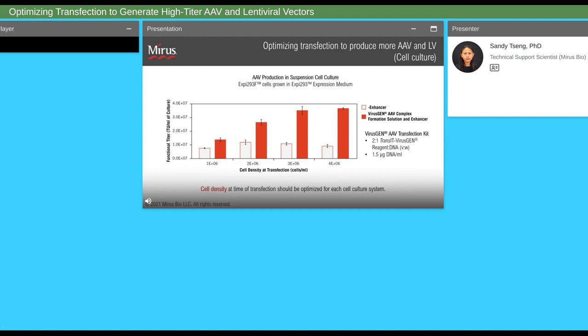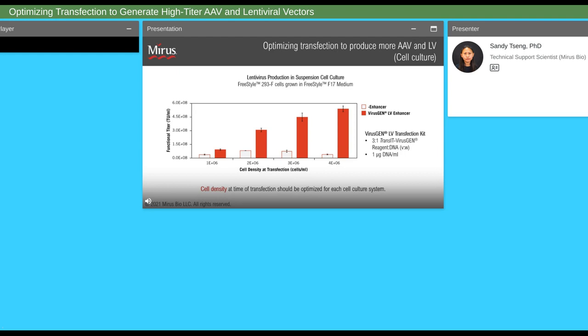We looked at using either the reagent alone or in the presence of the enhancer component, shown here in red. As you can see, the cell density at the time of transfection clearly impacts the resultant titers, especially when the enhancer component of the VirusGEN AAV kit is used. For this particular system, we would recommend a cell density at transfection of about 3 to 4 million cells per mL.